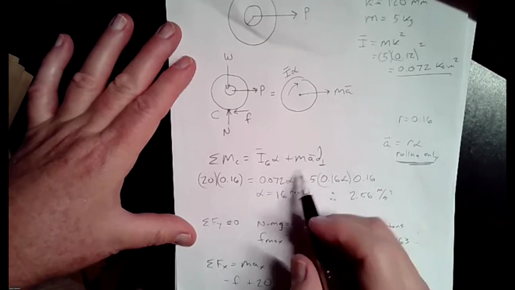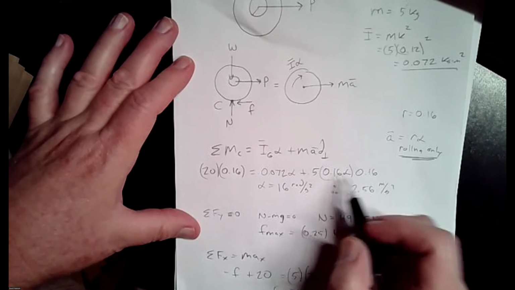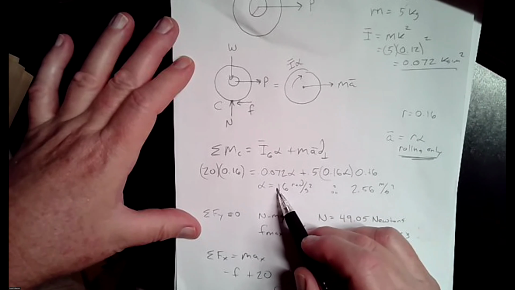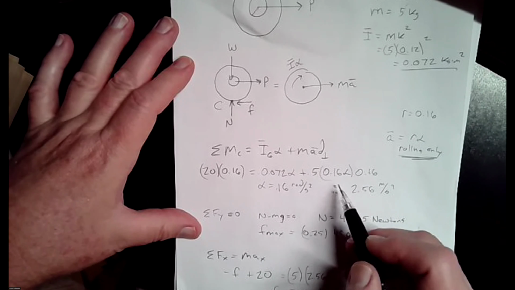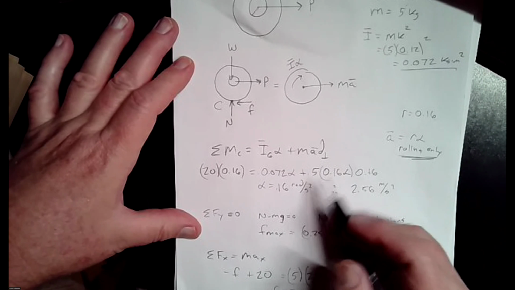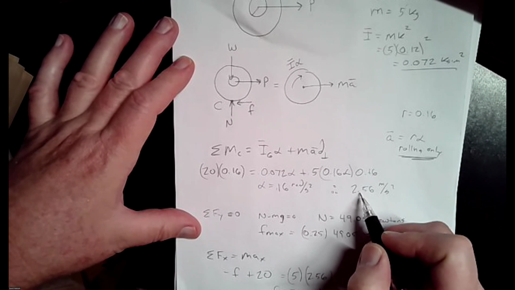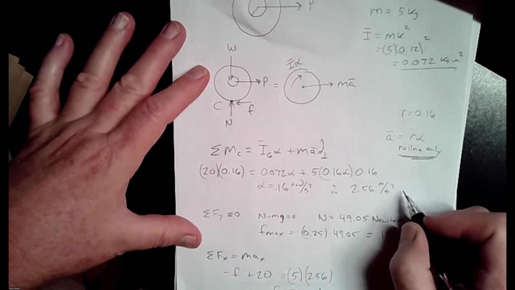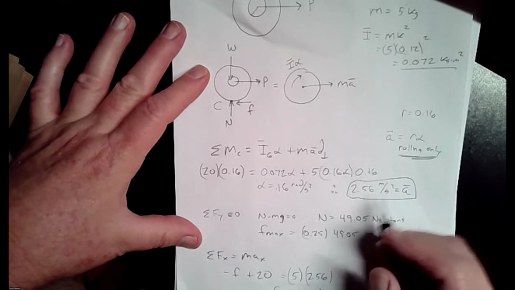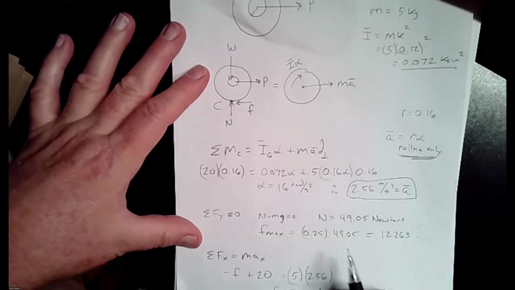Then times 0.16 for my d perpendicular. So I solve, I get alpha equals 16 radians per second squared. I plug it in up here for r, 0.16. 16 times 0.16 is 2.56. So the acceleration is equal to 2.56 meters per second squared.